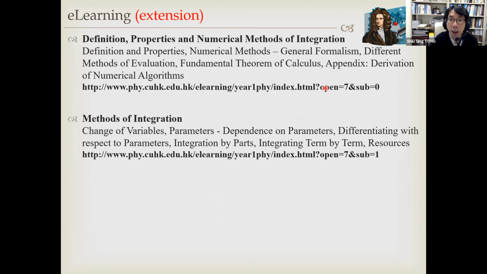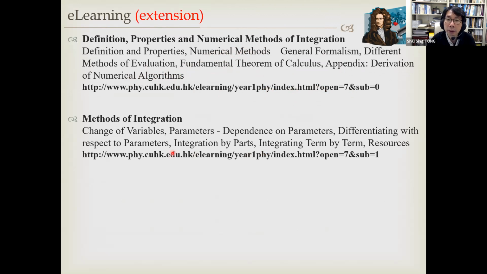Okay. And if you already are very familiar with integration and you want to learn more, for example, you want to learn the numerical methods, you want to learn different methods of integration, you want to find how to derive the numerical algorithm for doing the numerical integration, you go to this extension.